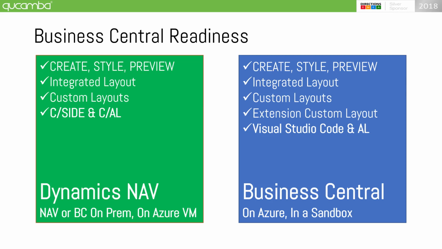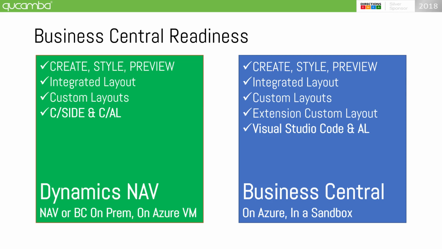Your toolchain can also consist of Visual Studio and Report Builder for layout design, but unlike the green tile, there is no Seaside or CAL anymore. Instead, Visual Studio Code is used as your development environment, and Qucamba Reports generates AL code natively, and it puts it directly into your extension's workspace.